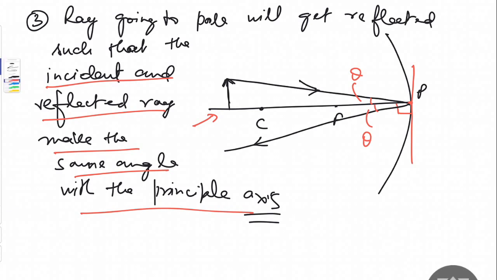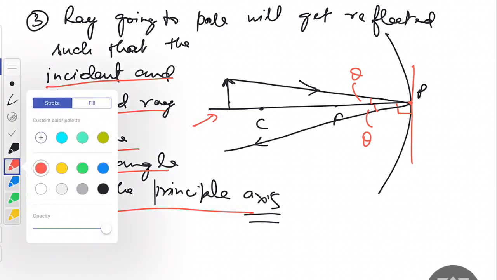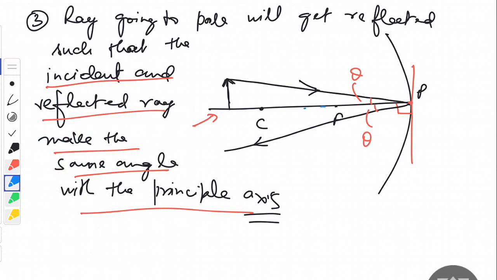I'll use blue color to show you. This is the normal. The principal axis is also the normal here. Theta is this angle between the incident ray and the normal, and this is the angle between the reflected ray and the normal. And I'm saying that both of them are going to be equal. Does that make sense?